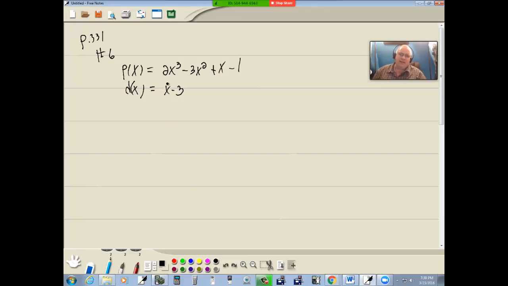I'm only going to show you one example of this, which may not be enough. So if you need to see more examples, as you're working the homework, feel free to click that button that says Ask My Instructor, and I'll work whatever one you click. Okay, so for our long division, we set up in this form.